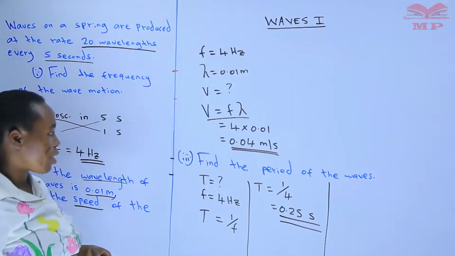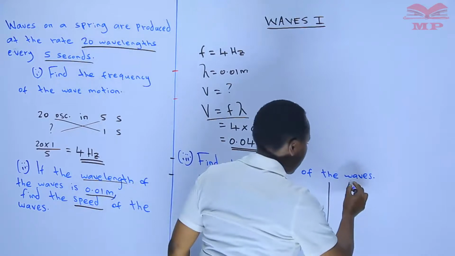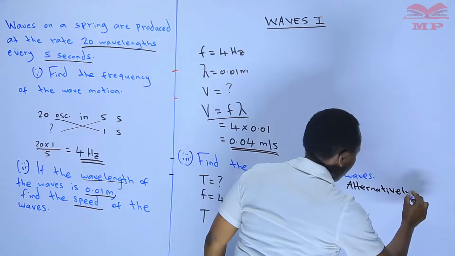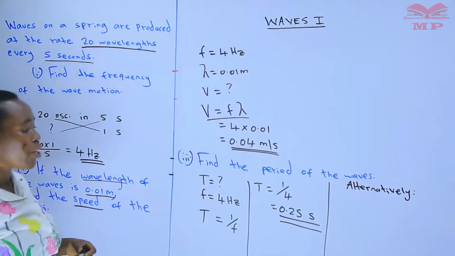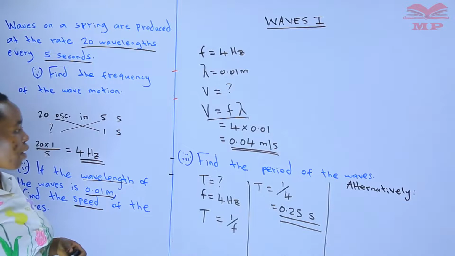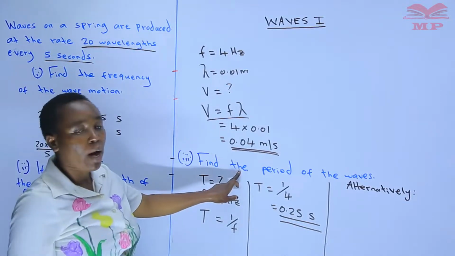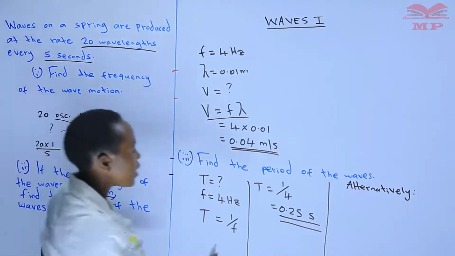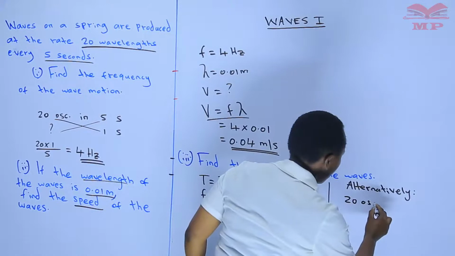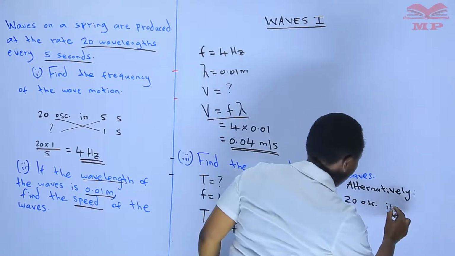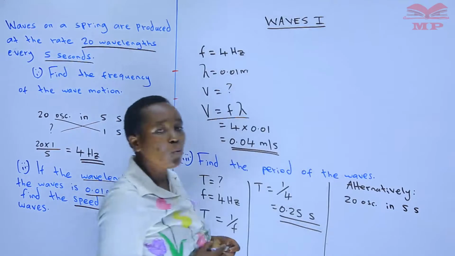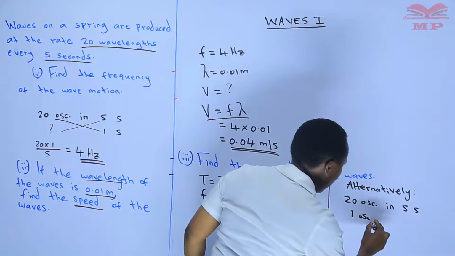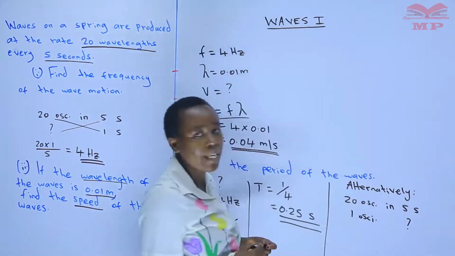That is the period. Alternatively, from the definition of periodic time as the time for one oscillation, we can just say we have 20 oscillations in 5 seconds. We want to know what is the time for one oscillation. So what about one oscillation will be in how many seconds?